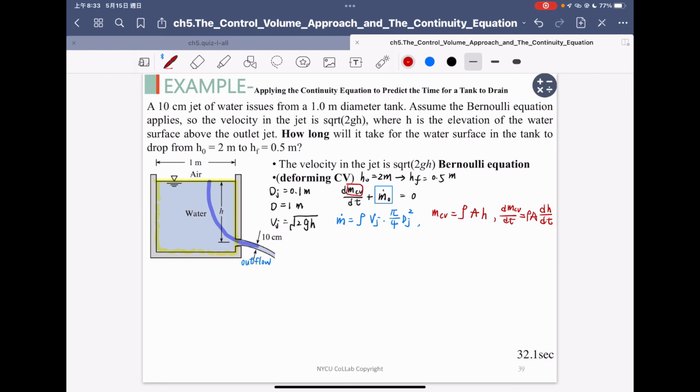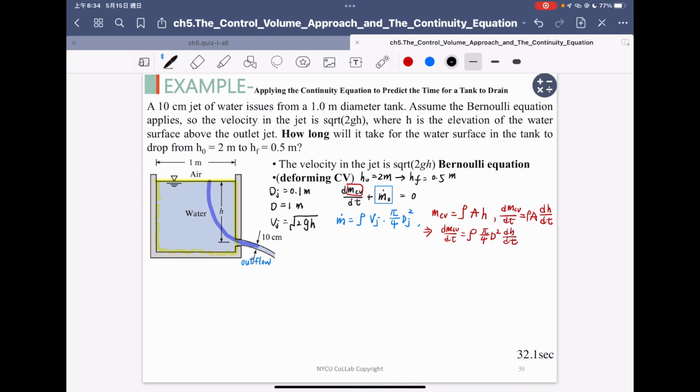Then we also know that dmCV/dt is equal to rho and A, because we have the water tank, the diameter is 1 meter. So in here we have rho, pi over 4 d squared, and dH/dt.